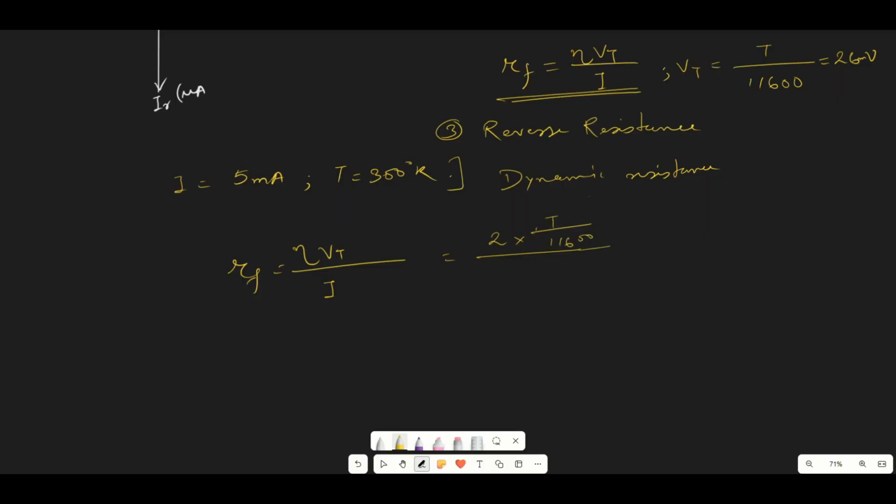So put here the value of T as 300 degrees Kelvin, divided by the current, which is 5 milliampere. After putting in the values and calculating, we get the resistance as 10.34 ohm. Okay, so I hope you have understood how to calculate the diode resistance. If you have any doubt on diode resistance, you can put it in the comments.